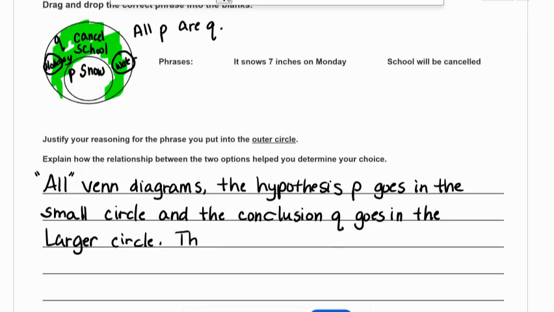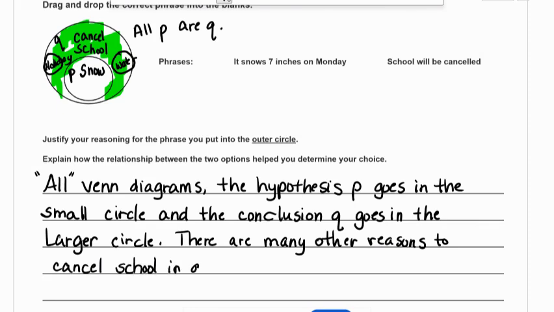There are many other reasons to cancel school, in addition to snow. In fact, in addition to snowing 7 inches.